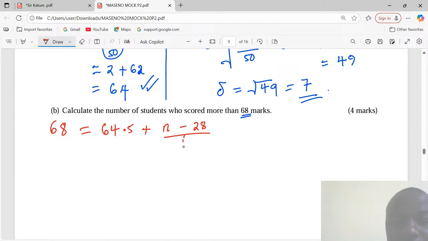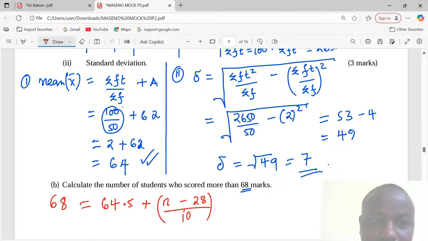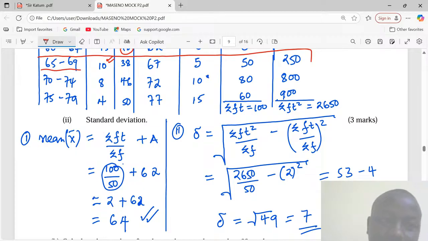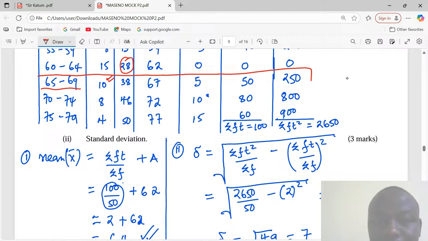Then we should talk about the class width. The class width here from 65 to 69 shall be 5 because of the boundaries subtracted: 69.5 upper, 64.5 lower. So we get exactly 5.